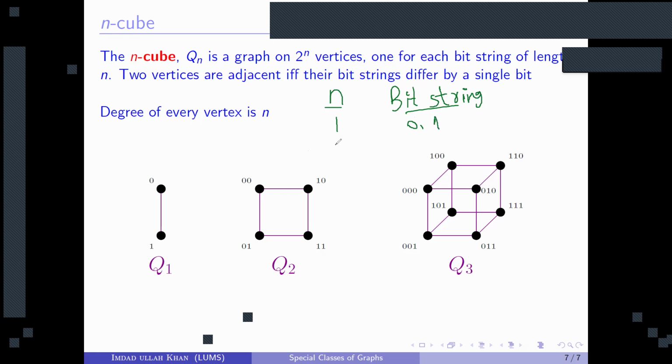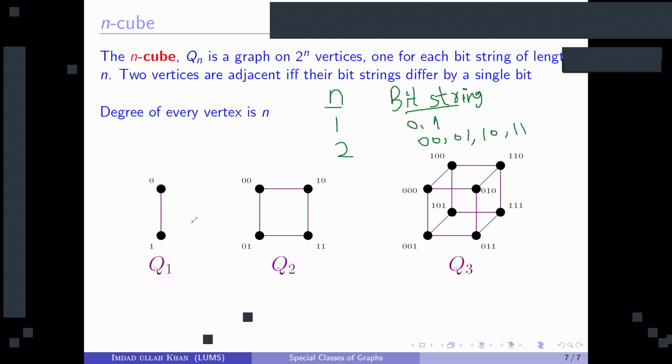What if the length is 2? 2 raised to the power 2. And what are those bit strings? 00, 01, 10, 11. So a total of 4 bit strings can be created, right?